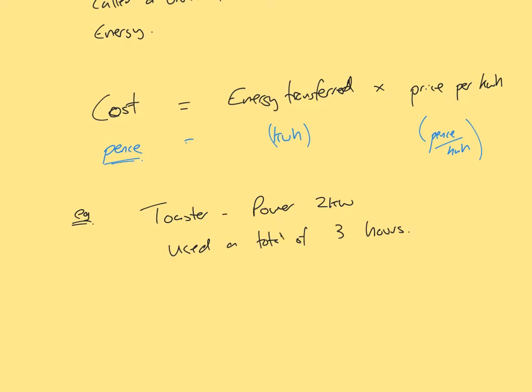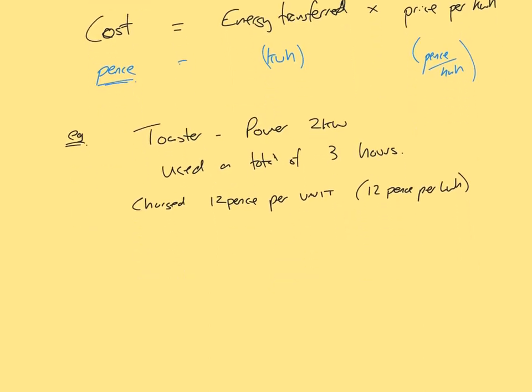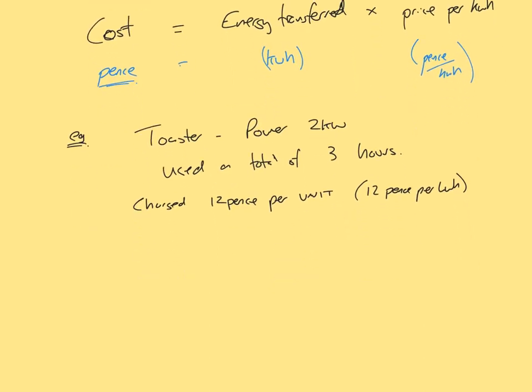And let's say the electricity company charge 12 pence per unit, or 12 pence per kilowatt hour. So how do we go about working out the cost of running this toaster?